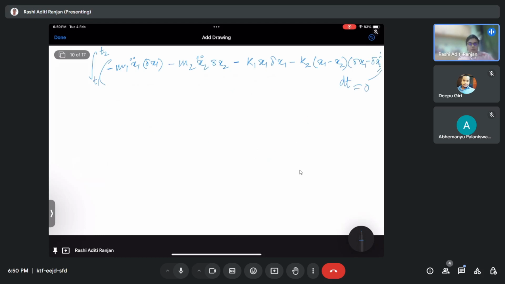Okay. Now what will I do? I'll try to separate the variation of the x1 term and the variation of the x2 term.